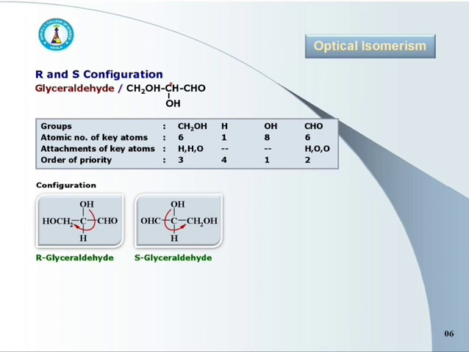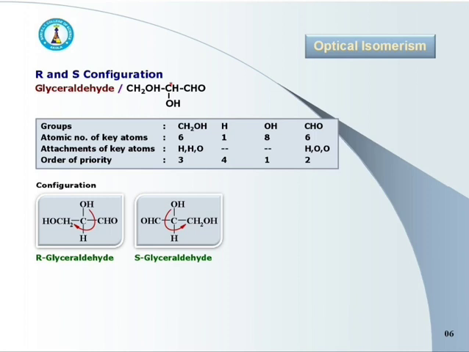The groups CH2OH and CHO have the same key atoms, so we have to consider their attachments. Attachments for the group CH2OH are hydrogen, hydrogen, oxygen, and for CHO these are hydrogen, oxygen, oxygen.